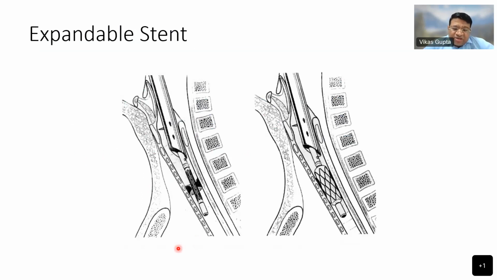In few patients where there is a malignant obstruction, expandable stents can be used. As you can see, this is the stent in an unexpanded form. These stents are usually made of nitinol, a metallic material.